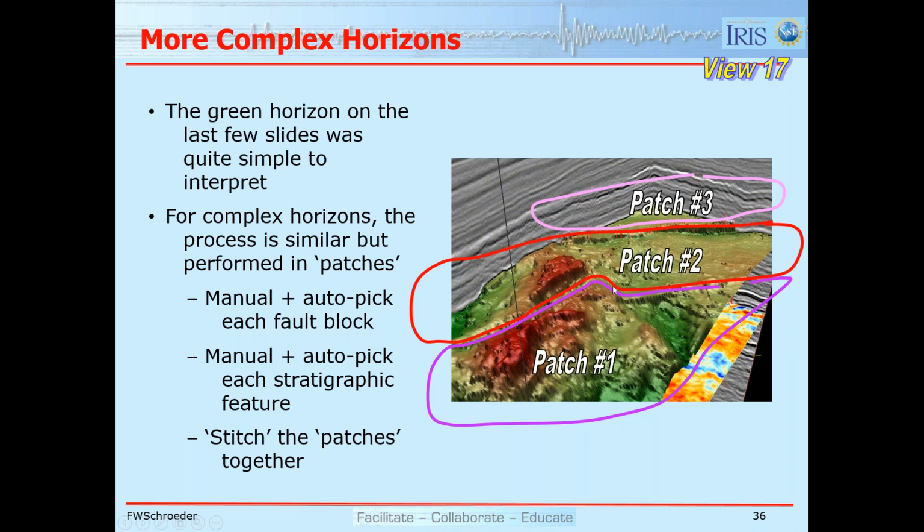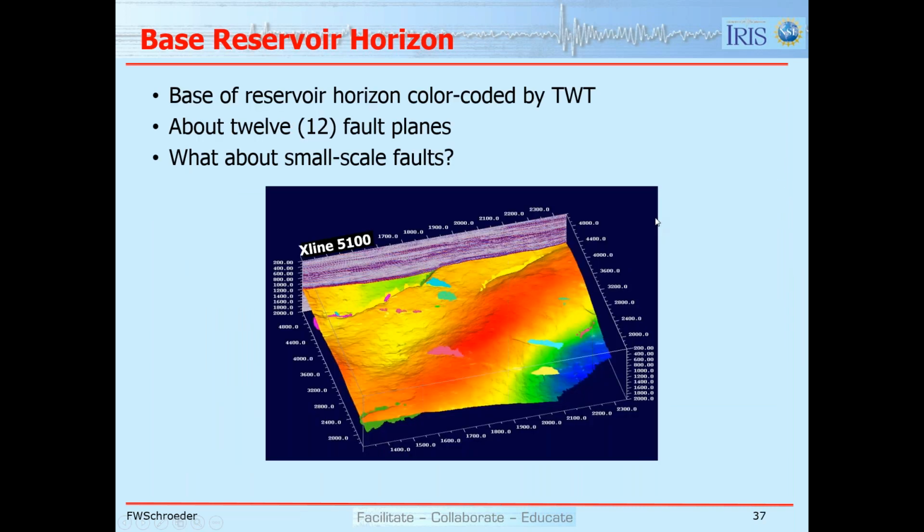So I could auto track this region, then I could auto track this region or patch, and then I could auto track this region or patch. So one of the reasons we do the faults first is to recognize where these boundaries are so that our auto tracker does not miscorrelate across a fault simply because it doesn't realize a fault offset is located there.